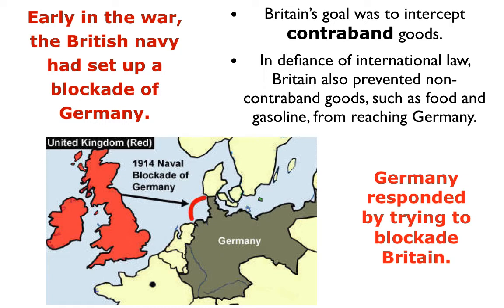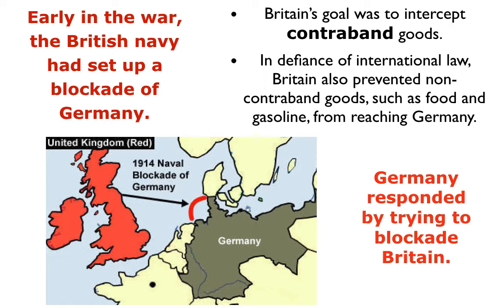What ends up happening in reality, though, is that the British Navy was so strong, as you see that little red loop around the main German ports there, in I don't know, is that the North Sea? I think it is. What's relevant is that they create this blockade where American ships couldn't get in to trade with Germany.